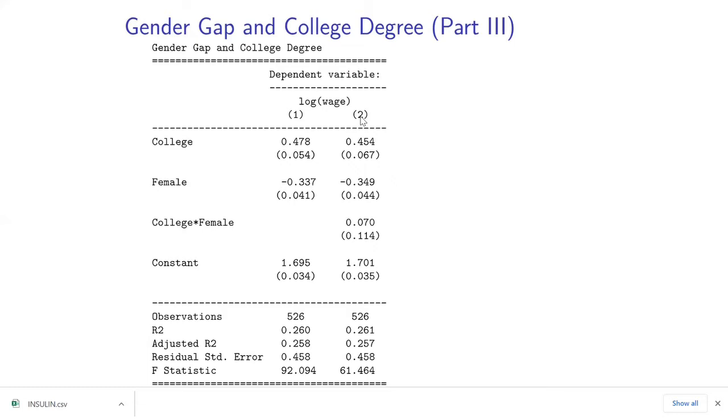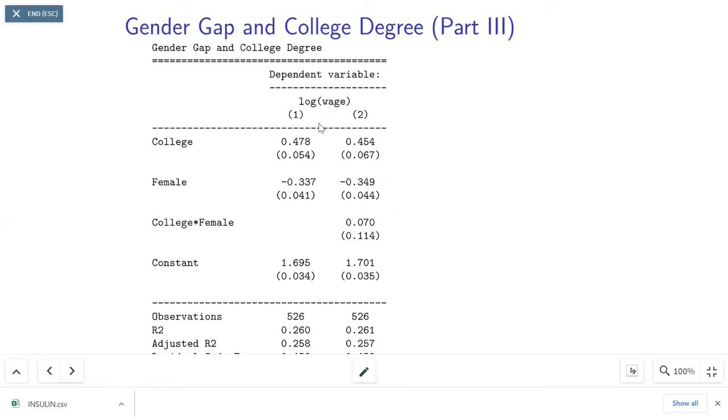Visualizing the data cannot help us draw statistically significant conclusions. We need to investigate this issue further by running regressions. In Model 1, I regress log wage on both the college and female dummies. From this result, I can calculate the log wage for 4 different groups: 2 groups based on whether they have a college degree or not, and 2 groups based on the difference in gender.